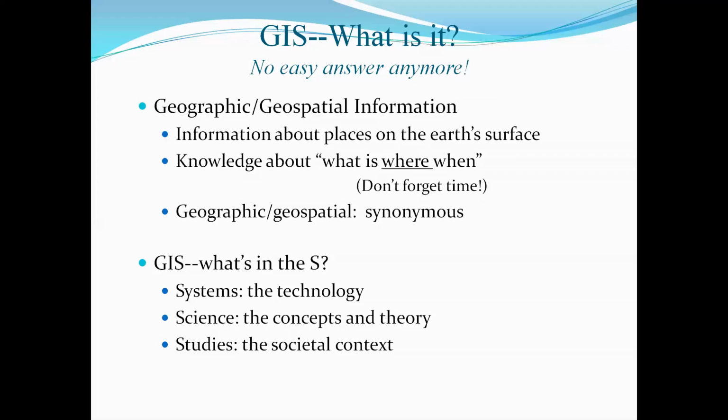So GIS, what is it? And definitely, there is no easy answer to it. Geographical or geospatial information about places and the Earth's surface, knowledge about what is where and when. What is the S in GIS?